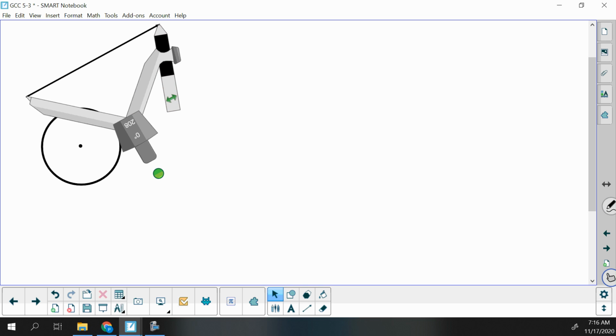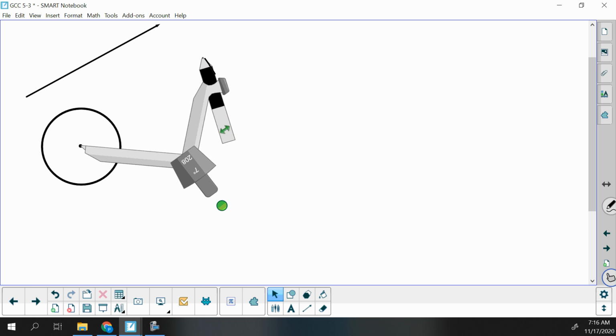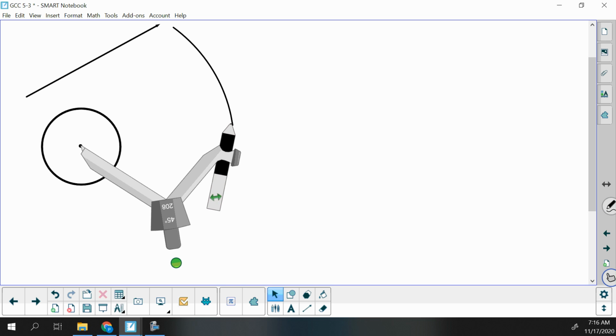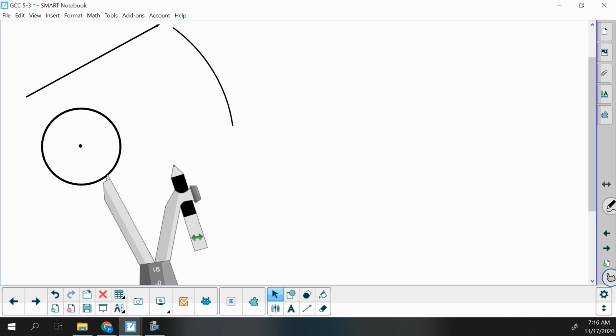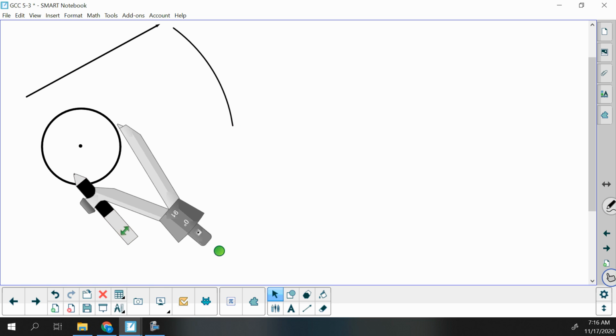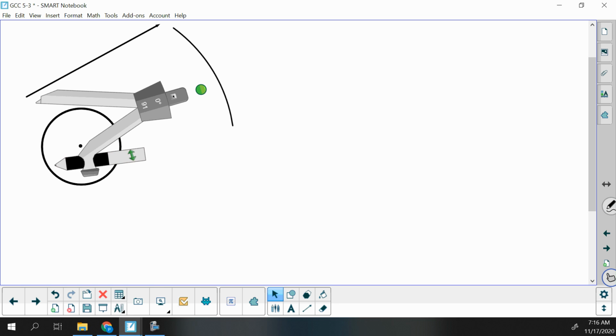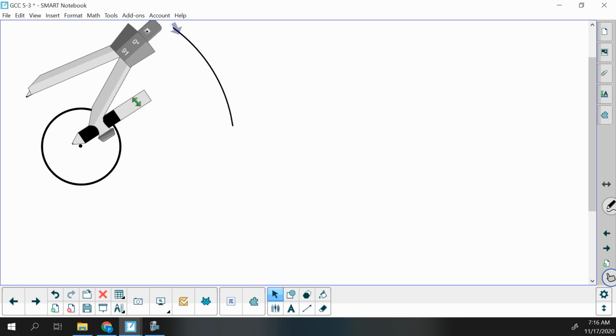So I got my point at the end, pencil on the arrowhead. So I know it's going to shift up and to the right, so I'll make my arc now up and to the right. I know it's going to be somewhere over there. Well, now I'm going to put my point on the end point of my vector, and I'm going to put my pencil on the center.